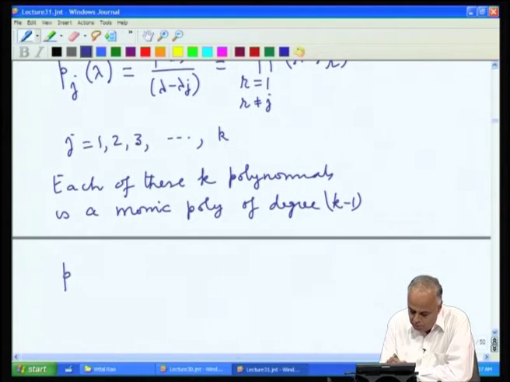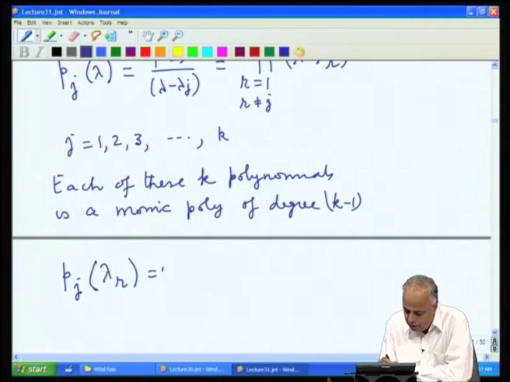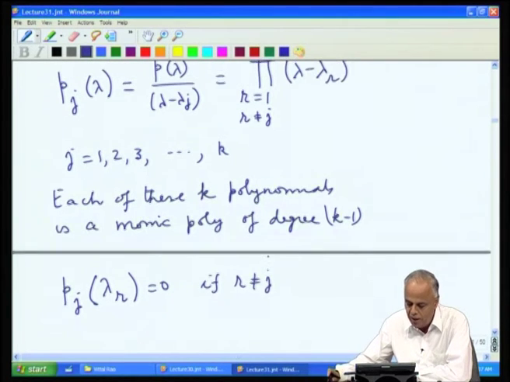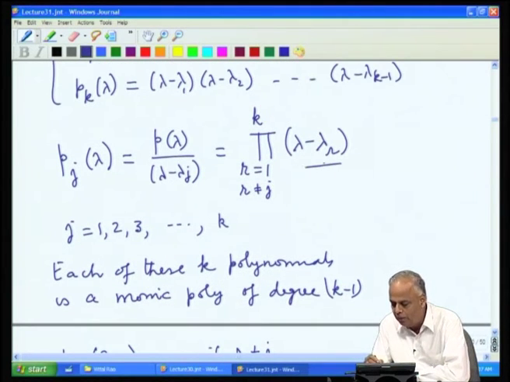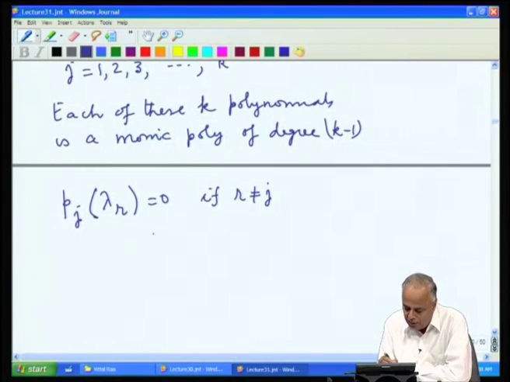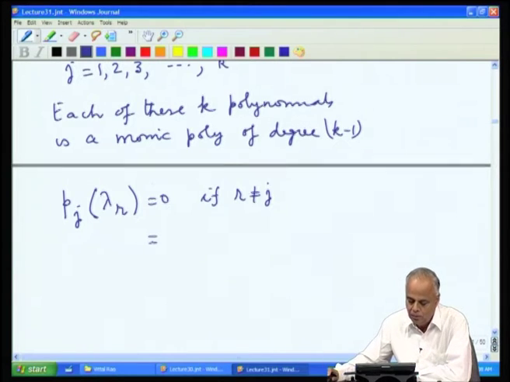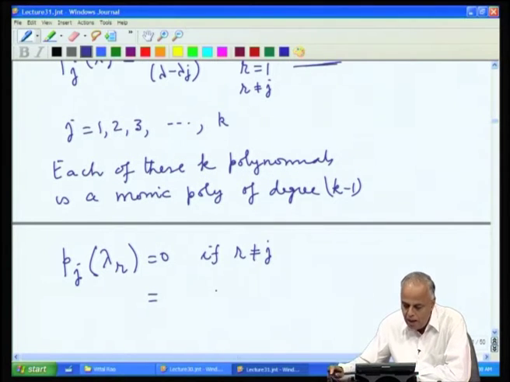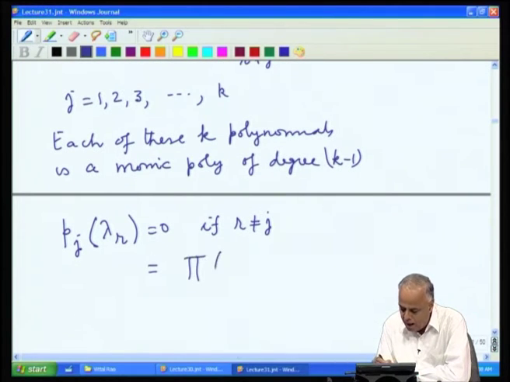So, we have p j of lambda r is equal to 0 if r is not equal to j. If r is not equal to j, that factor will appear here and therefore p j of lambda r will become 0. But if r is equal to j, what will happen here? We will have lambda j minus lambda r, none of these factors vanish, and we get the product over r equal to 1 to k, r not equal to j.